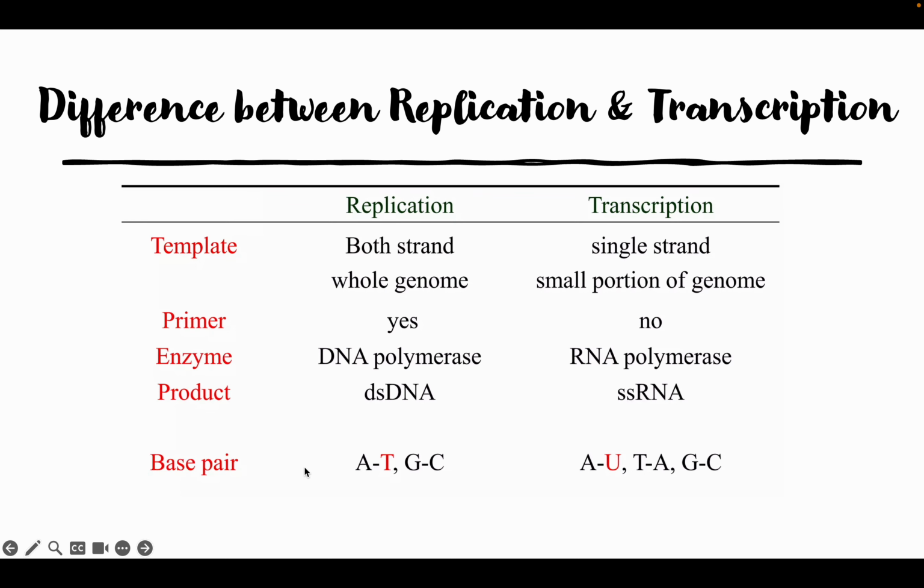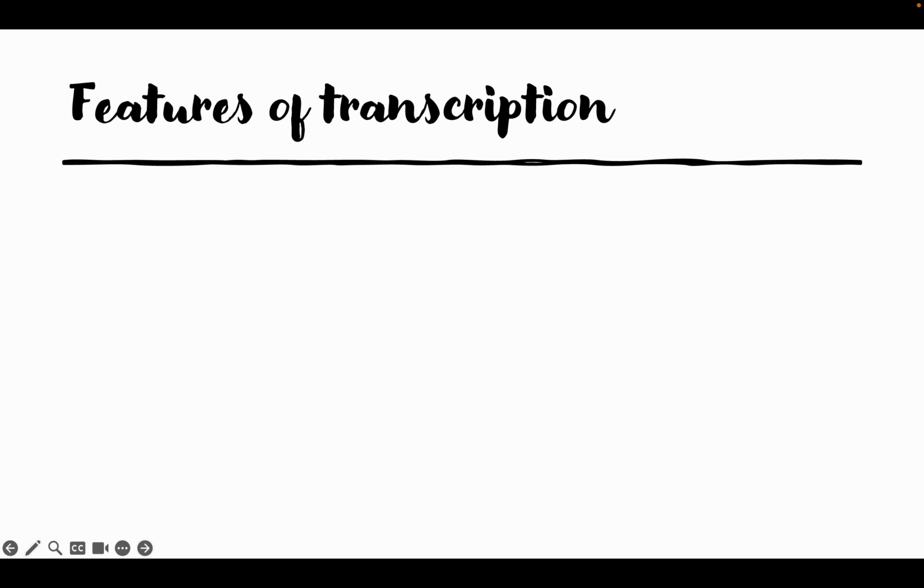Then the bases: you have A, T, G, C, in which A and G are purines and C and T are pyrimidines. A pairs with T and G pairs with C. But in transcription, instead of thymine we have uracil, and the rest is the same.